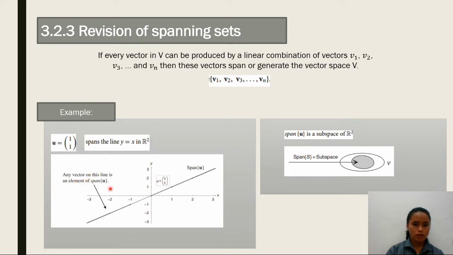Any vector on this line is an element of span U. This is span U and this is U. This is an application in the Cartesian coordinates. So span S is a subspace because span S is in V.